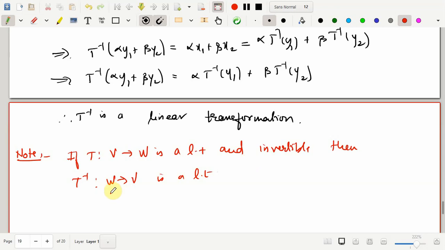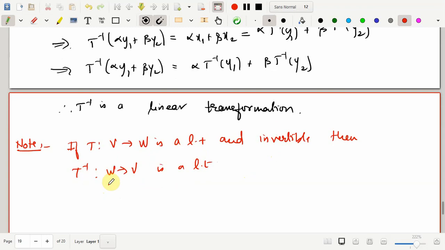Definitely we can talk about the inverse, we can talk about this map, provided it is invertible. So even if I miss this particular term, one should understand that this statement is only for an invertible linear transformation. Okay.